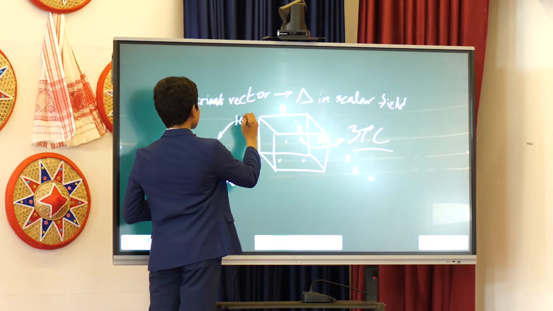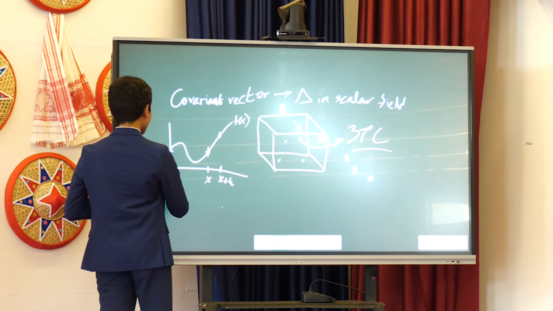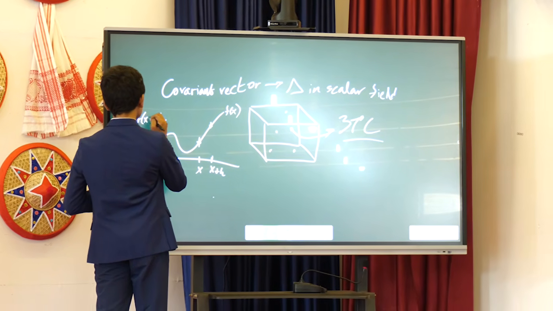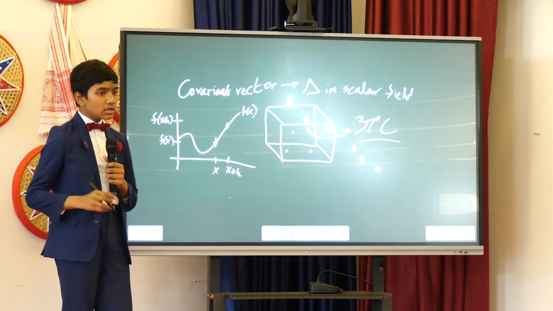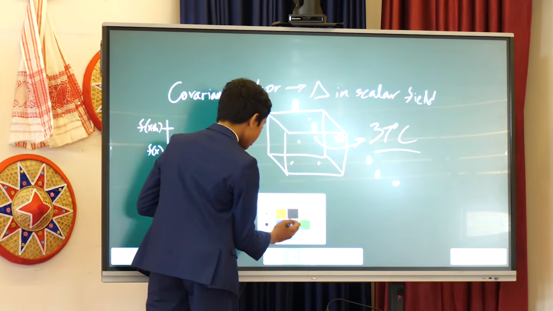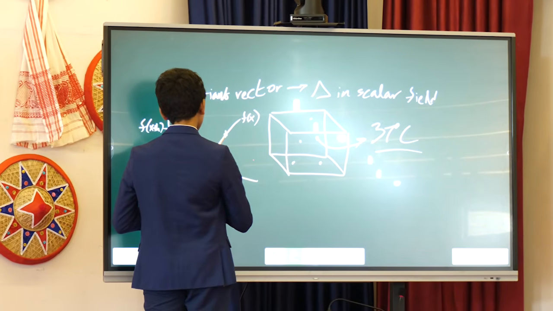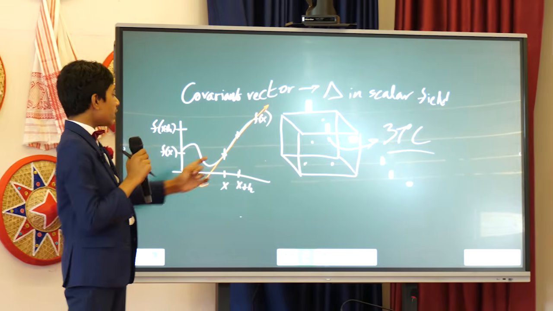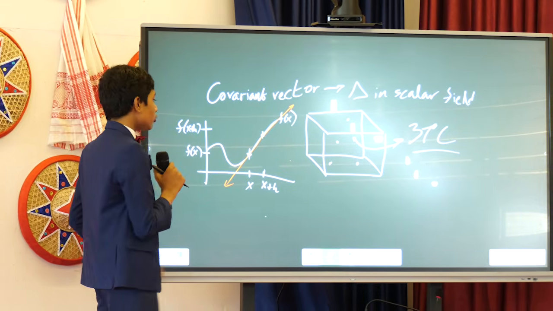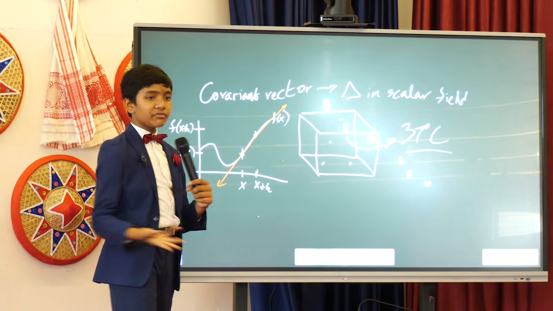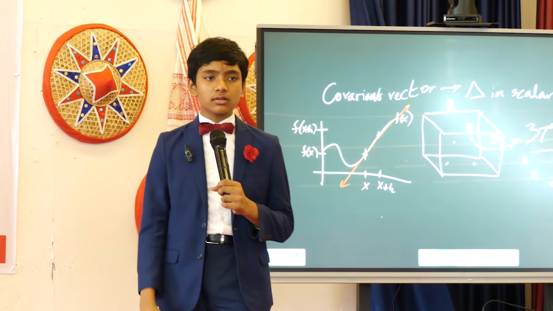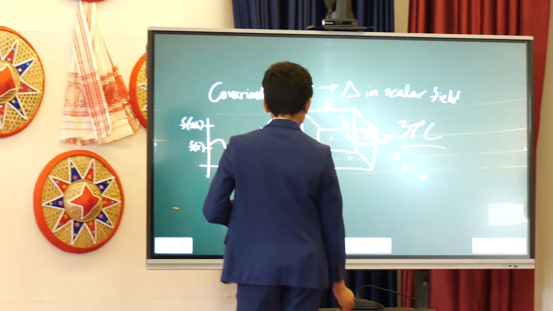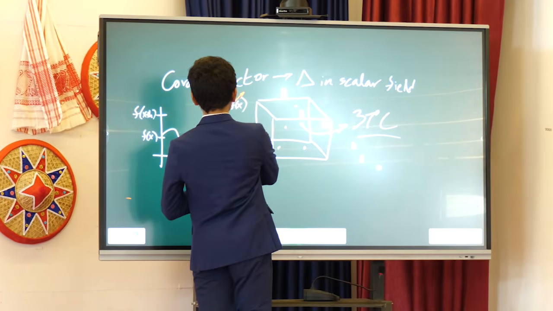The y-coordinate here is going to be f of x, and the y-coordinate here is going to be f of x plus h. Then we're going to draw a secant line between these 2 points, a line that goes through both of them. And we're going to take the slope. Everybody here knows what the slope formula is, right? Okay, so can you guys tell me what's the slope of this red line?